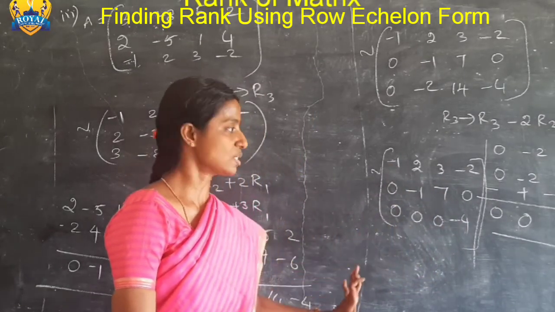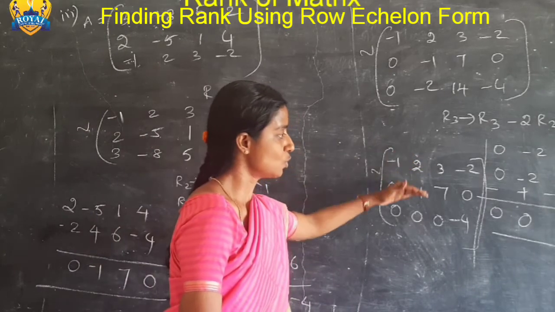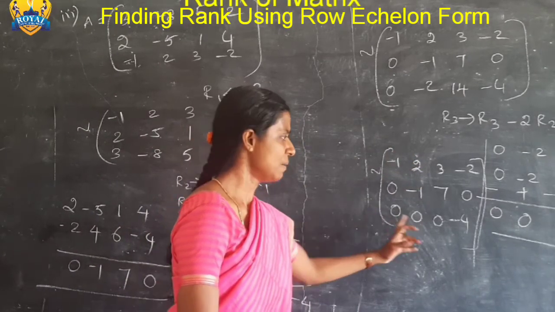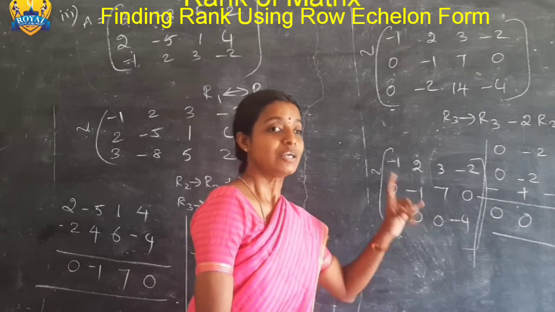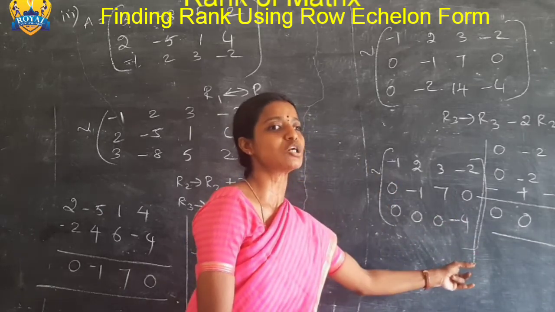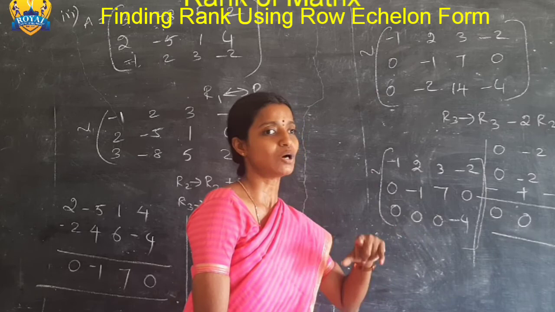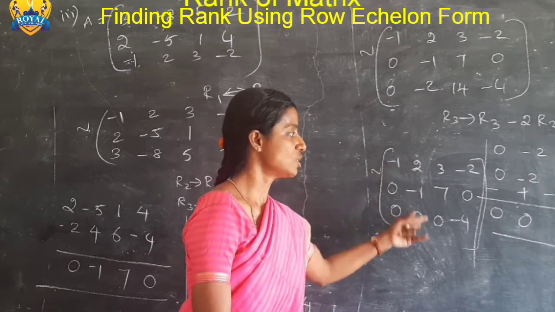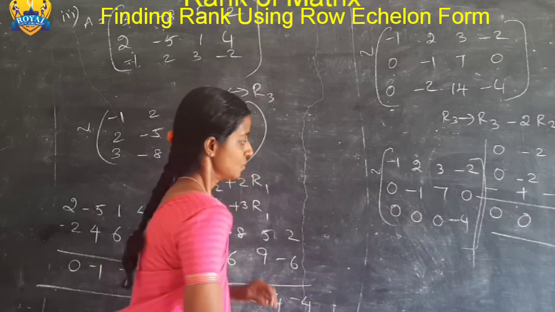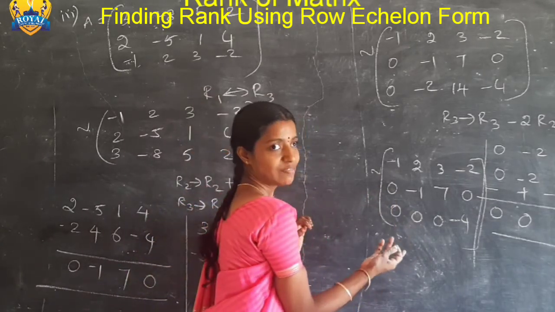Now how many non-zero rows? I am able to make all these zeros, but this minus 4 I couldn't. If I try to make minus 4 also, my zeros become non-zero. So we are not ready for that. So how many non-zero rows we have? 3. So is there any other way? Definitely not.